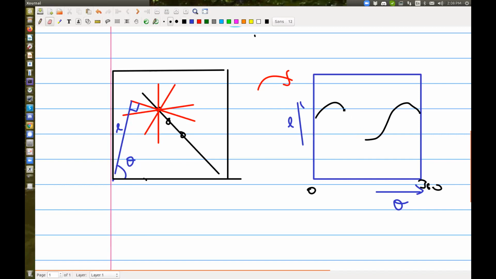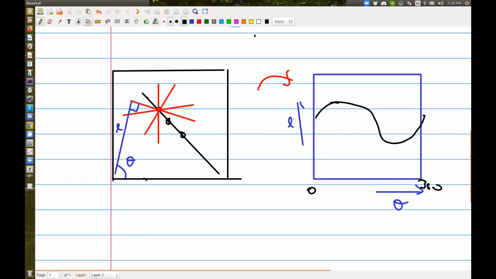And then for another point, maybe I consider another point here, then for different theta I will also have different contributions for different L.